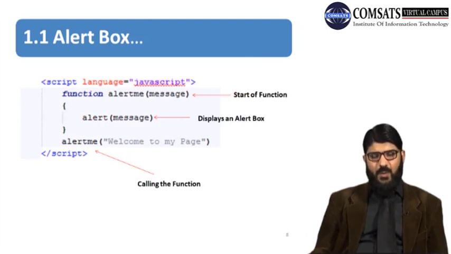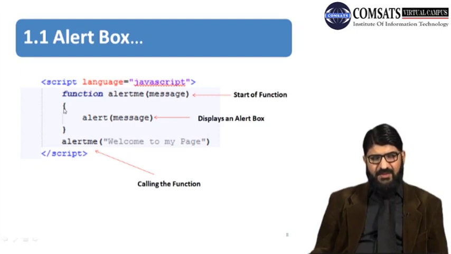Let's see the code that is written inside an HTML document for an alert box. The script tag is started, the language information JavaScript is given, the keyword for the function is mentioned, the name of the function is alertMe, and it will take the parameter message.